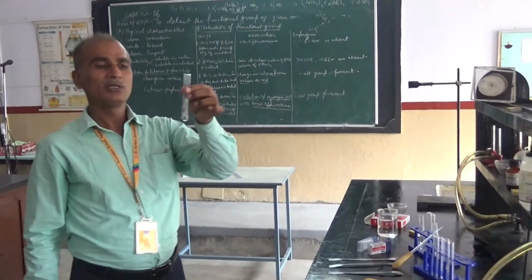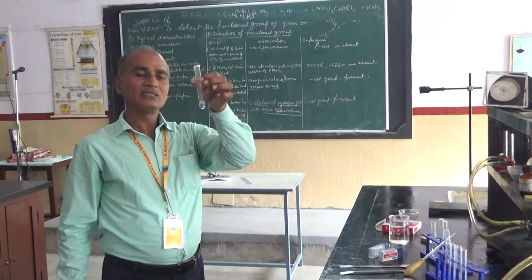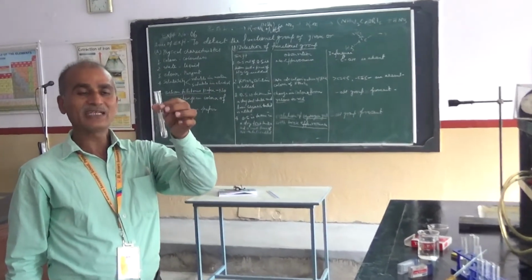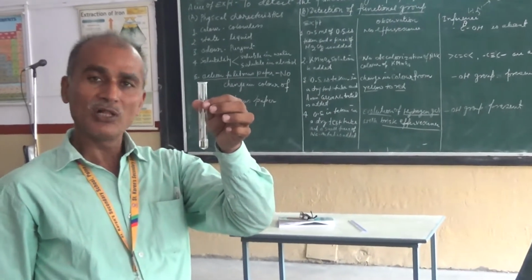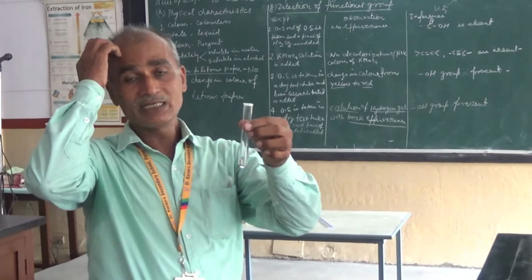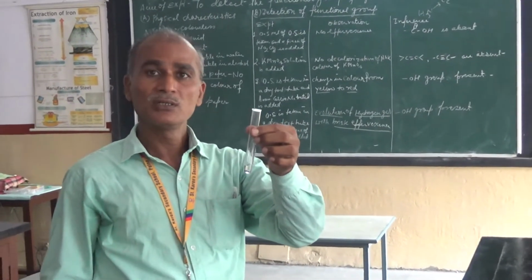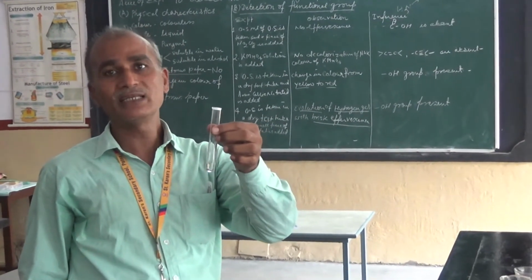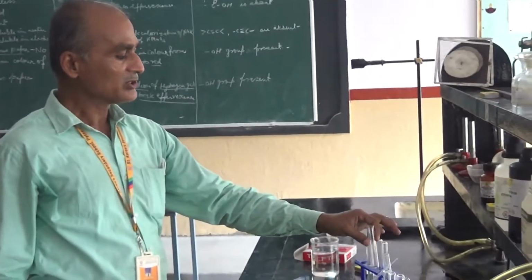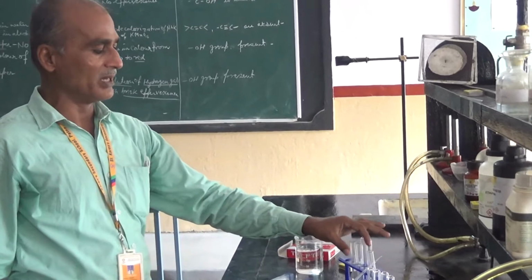Again you can observe there is no separation of boundary, no separating layer. That means it is also soluble in alcohol. That means it is soluble in both water as well as in alcohol. This is your solubility test of the given organic sample.